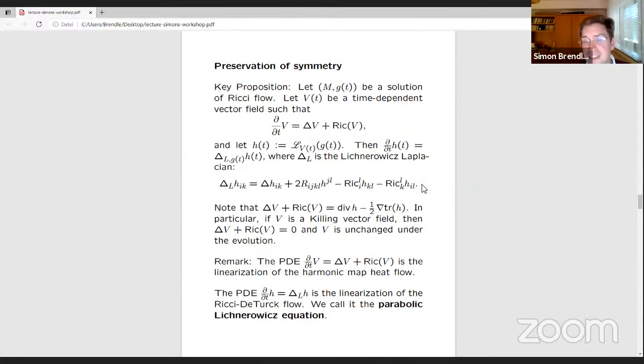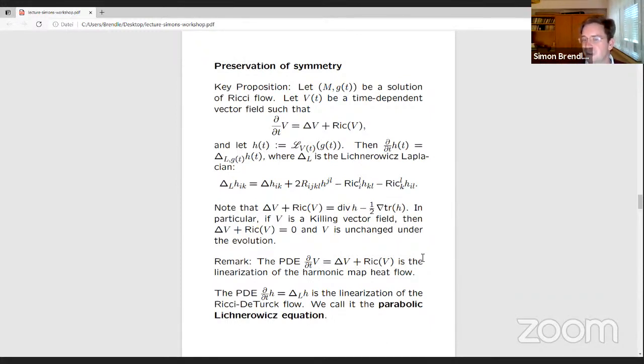Right. Now, an interesting point, and this is used in many places in the argument, is that this term on the right-hand side in the evolution of V, this Laplace V plus Ricci V, you can express it in terms of h. So this vanishes on a Killing vector field.